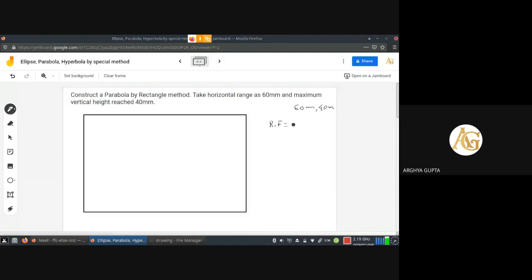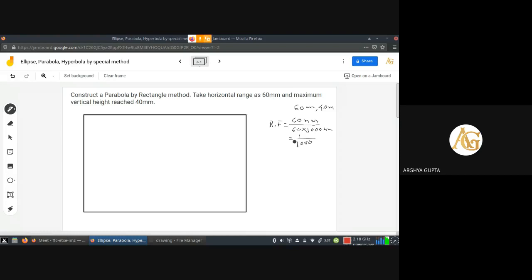In that case, RF will have to be found. 60 meter cannot be taken as drawing length, but 60 mm can be taken as drawing length, isn't it? So 60 mm by 60 meter, if you convert meter into millimeter, then 1000 mm. So RF will become 1 by 1000.